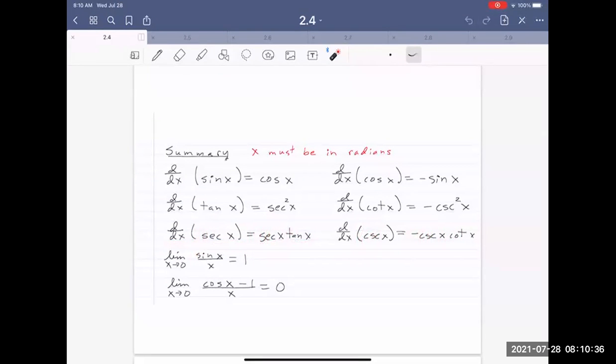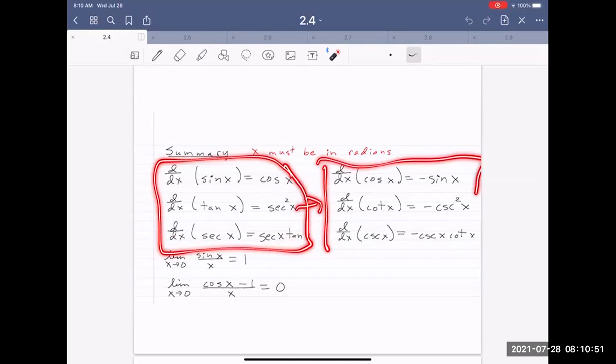And so you notice this pattern. Once you notice this pattern, you really don't have to memorize all 6 of these. Once you know these 3, the other 3 follow. So there's really not 6 things that you have to memorize.